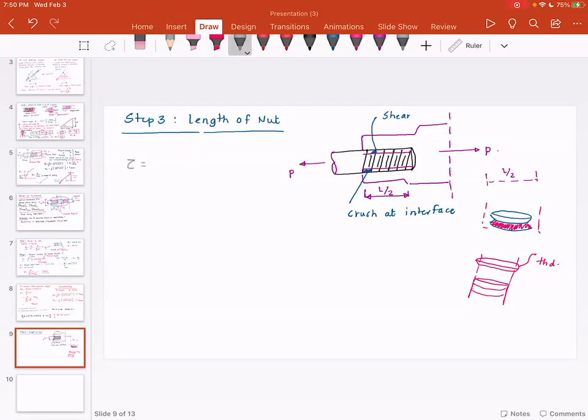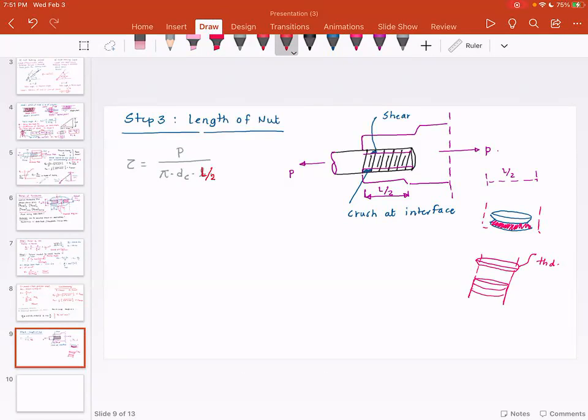Tau, shear stress, is equal to P divided by pi times dc times L. And this actually would be L by 2. So this is the length of the nut. And to be consistent, this is capital L. This is the length of the nut.